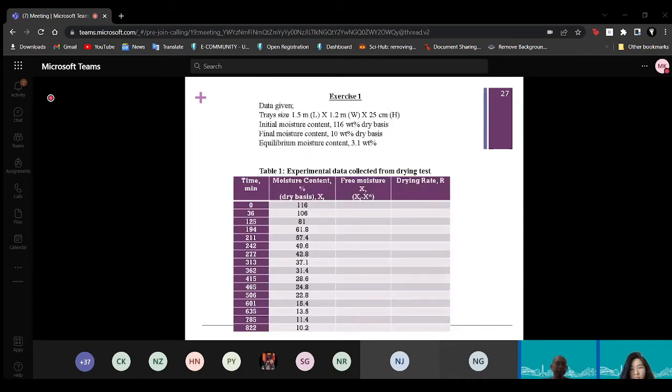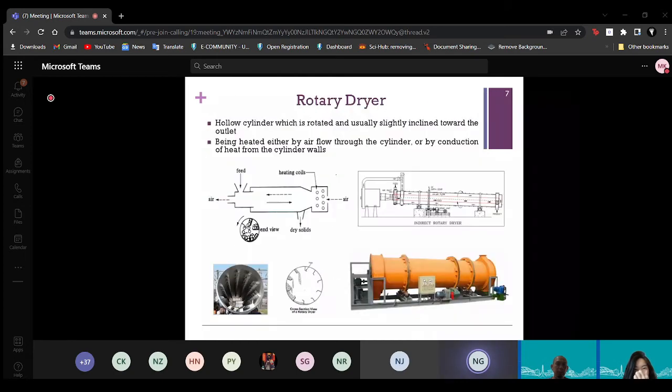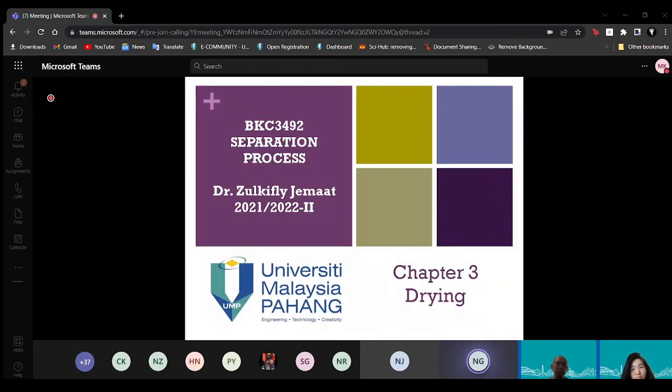Okay, today we're going to do the drawing. For this drawing chapter, I'm going to implement a new approach of teaching, whereby we start with the exercise.